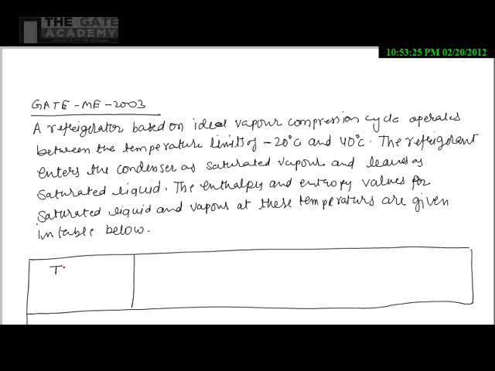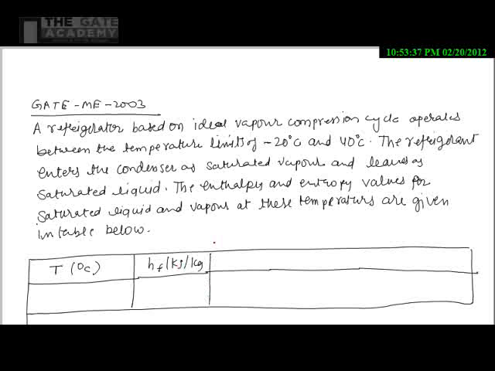T in degree centigrade, we are having HF in kilojoule per kg, Hg in kilojoule per kg, SF in kilojoule per kg Kelvin, that is entropy, and Sg in kilojoule per kg Kelvin.